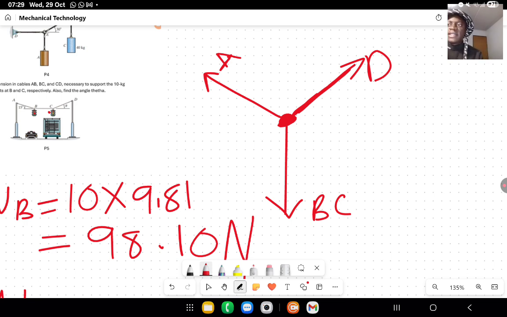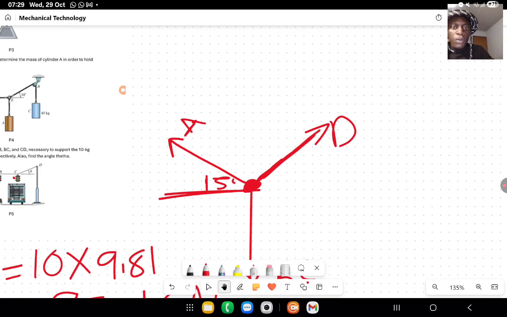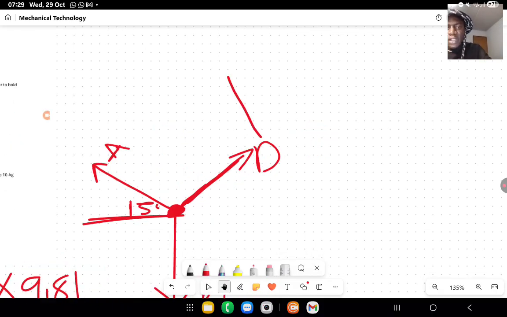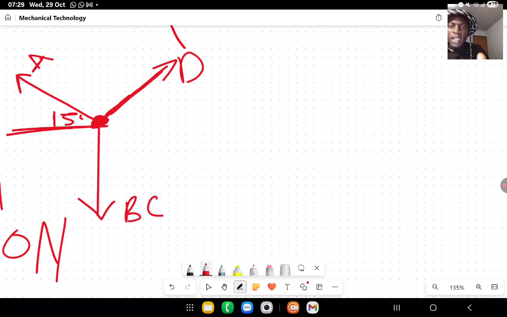Okay, after that we are going to say sum. On this side, you see this side, what I'm saying is 15 degrees. Therefore, we can find the direction of the height towards the TB.